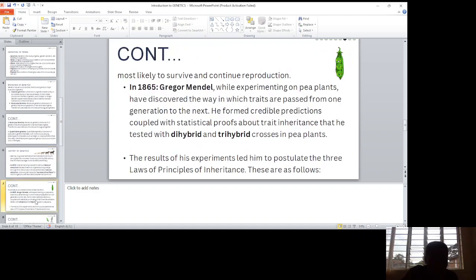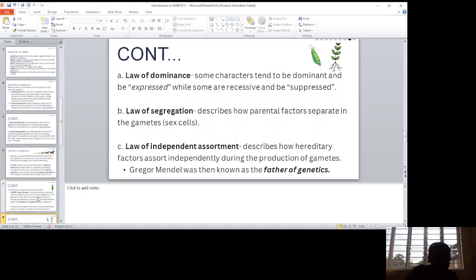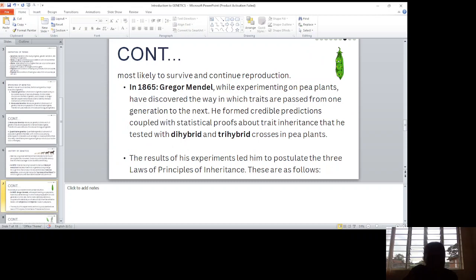From there, we move on to the other timeline, which is in 1865. In 1865, a man known as Gregor Mendel, while experimenting on pea plants, discovered that traits can be passed from one generation to the next.